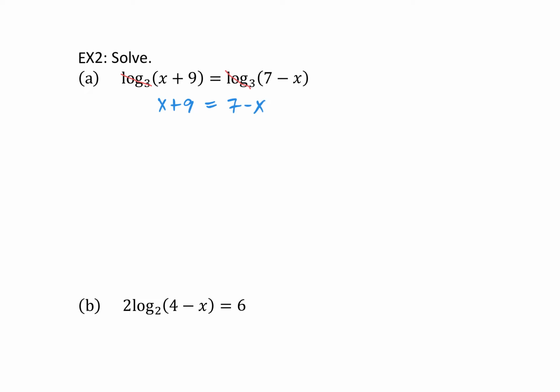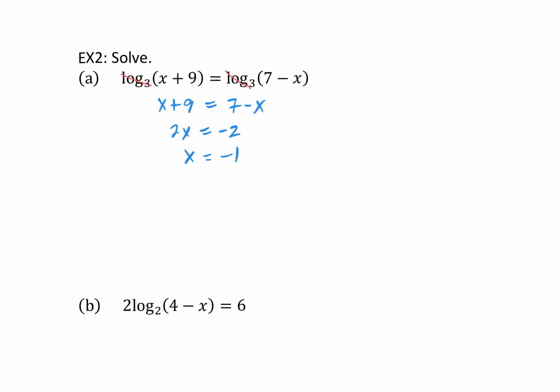So it should make sense, right? The only way this can be equal is if the arguments are equal, since the outside, the log base 3, is the same. I'm going to add x and subtract 9. I would get 2x equal to negative 2, or x is equal to negative 1.